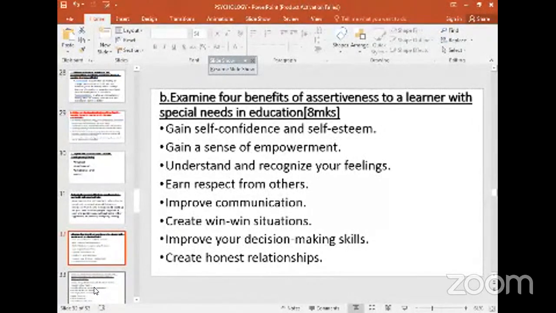It also, of course, improves communication and creates win-win situations, especially where someone's right is almost being violated. And then it also improves decision-making skills. And of course, it also creates honest relationships, especially if you are able to stand for the rights of others. It creates a good, honest relationship between you and the one whose rights you are standing for.